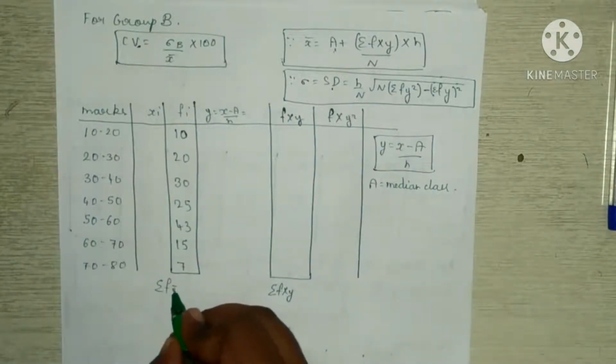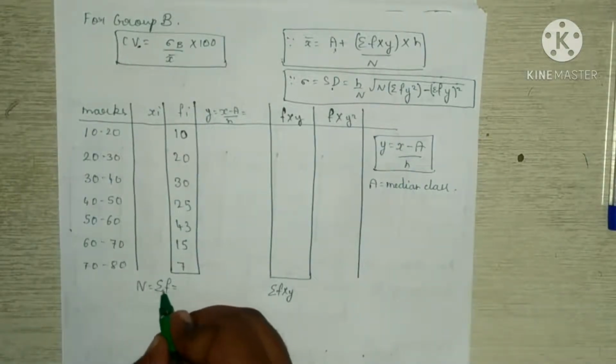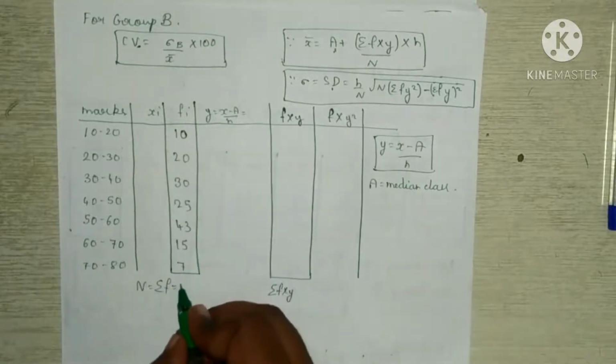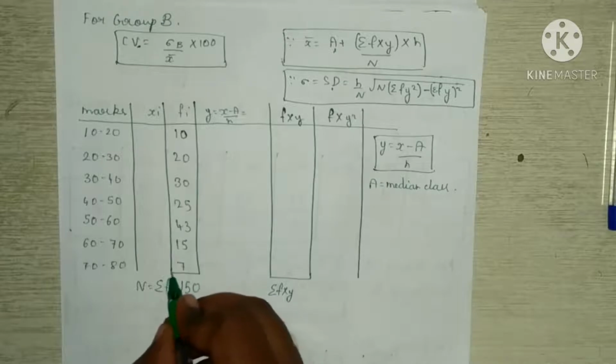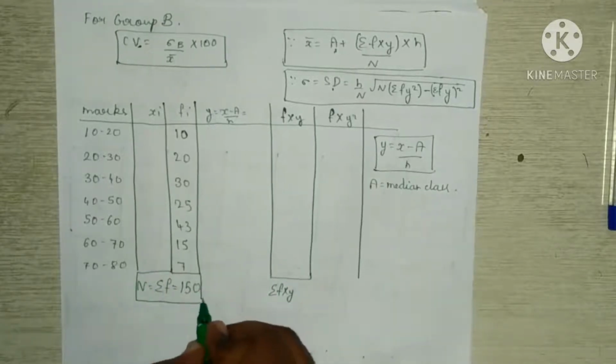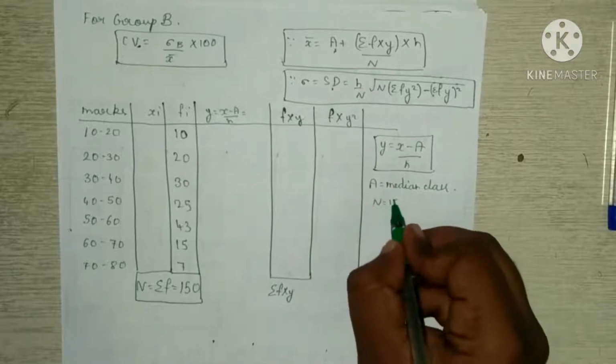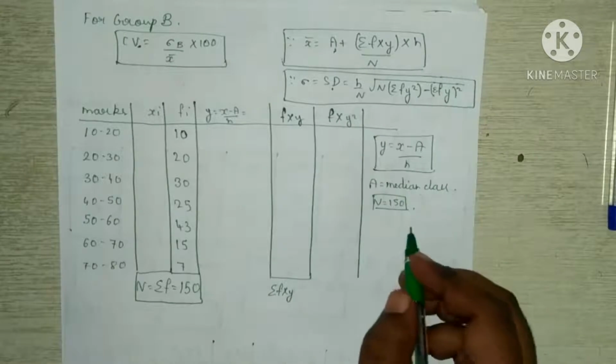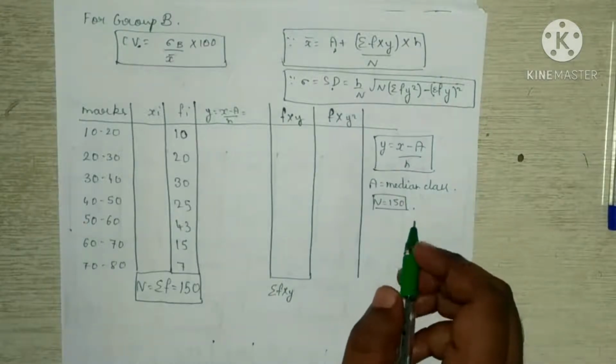Summation f is equal to n. Add everything. By adding everything you will get n, which is equal to 150. Okay, you got n is equal to 150. H is nothing but the common difference between x2 and x1.